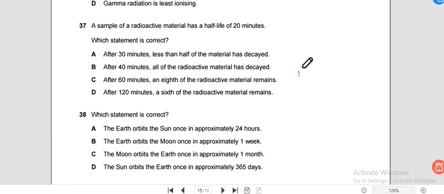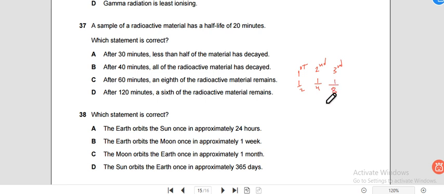After the first half-life, half of the material remains. After the second, it is half of the remaining half, so 1/4 of the initial material remains. After the third, it is half of the 1 over 4, so 1 over 8 of the material remains.